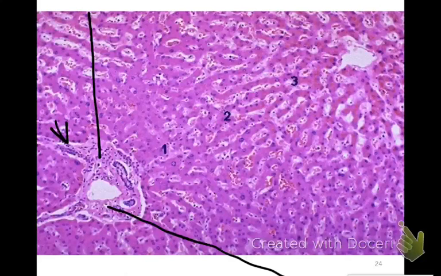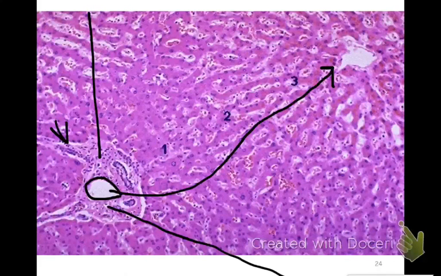I think that this, because it doesn't have an extreme amount of vascularization, is going to be the portal vein. So blood is going to be flowing out here through the sinusoids and into this central vein. And then I'm not sure which one of these is the bile duct. I think it's this one, but I'm not 100% sure. And I don't think we really need to know, as long as we're able to identify where the portal triad is, and it's pretty clear.